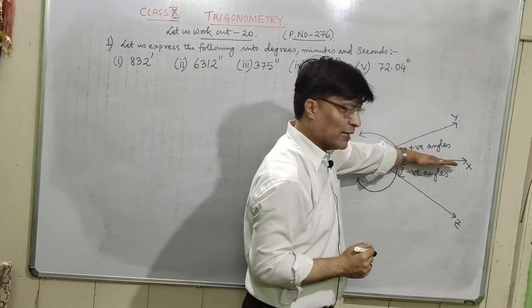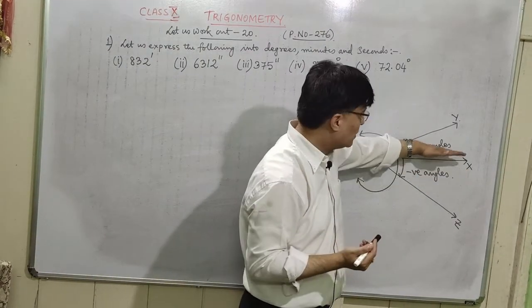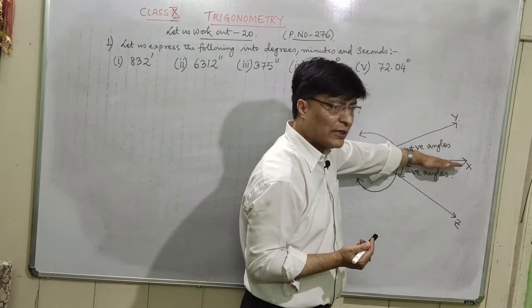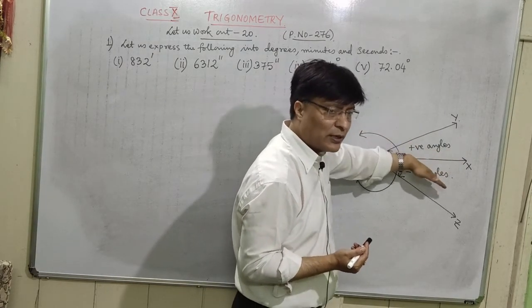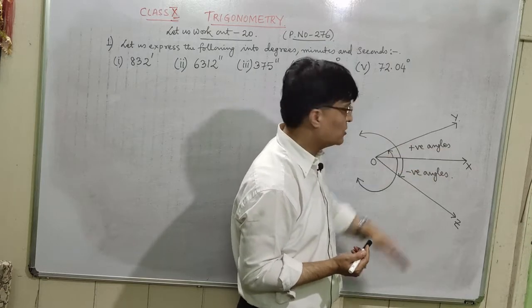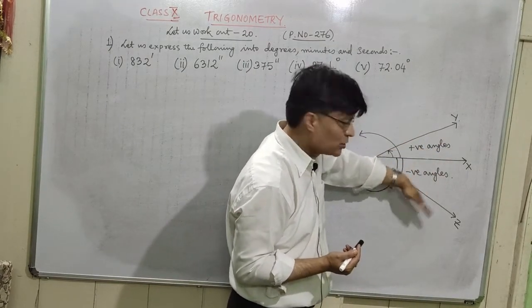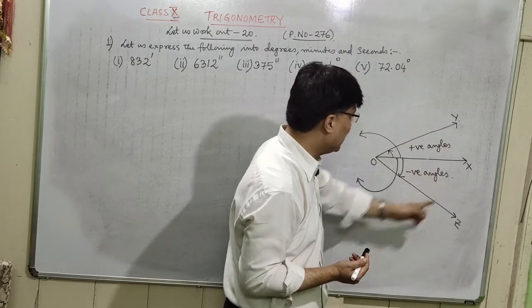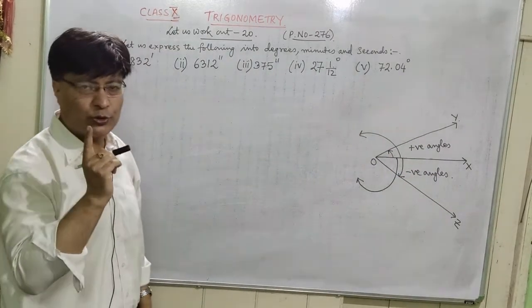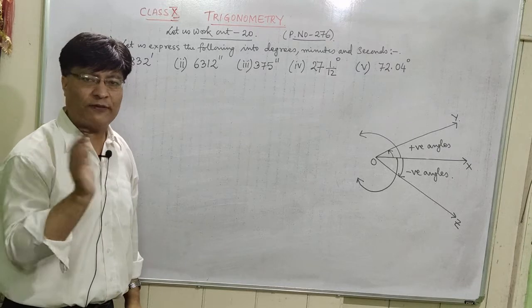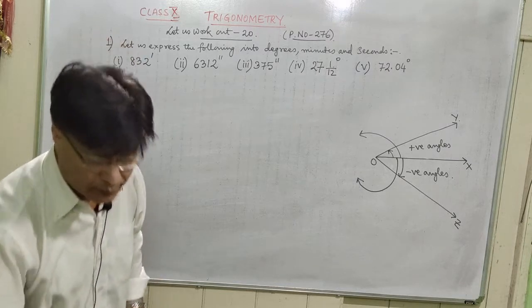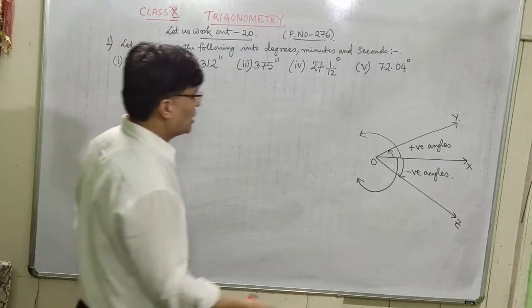So if the ray revolves in anti-clockwise direction, then it will form positive angles. If the ray rotates in clockwise direction, then it will form negative angles. So you should remember this concept of angles. Okay? So now let's do this question.